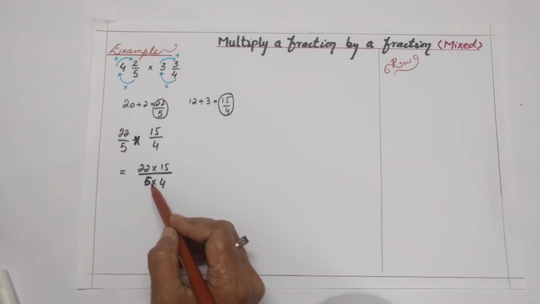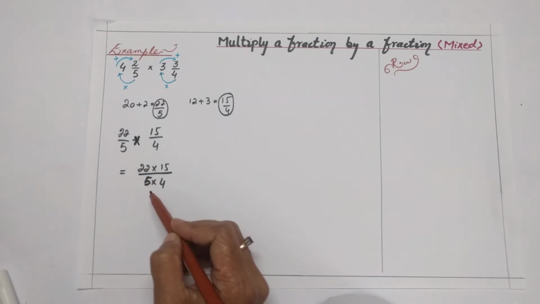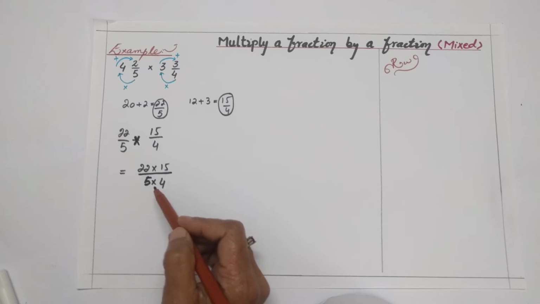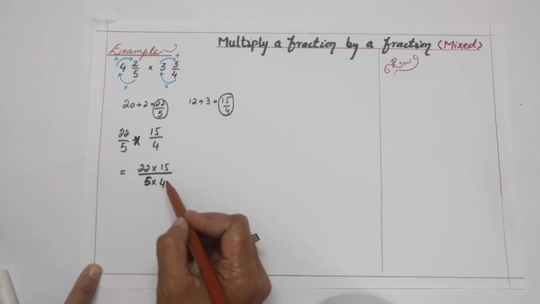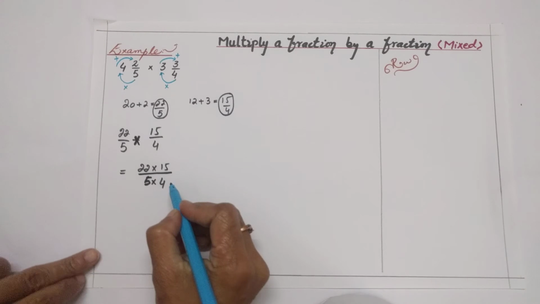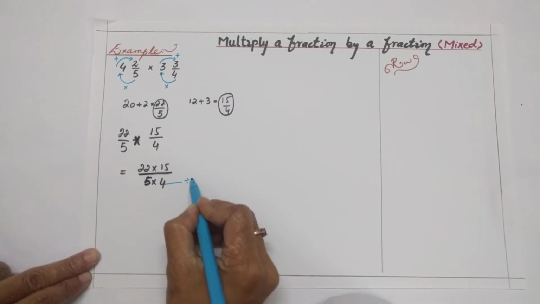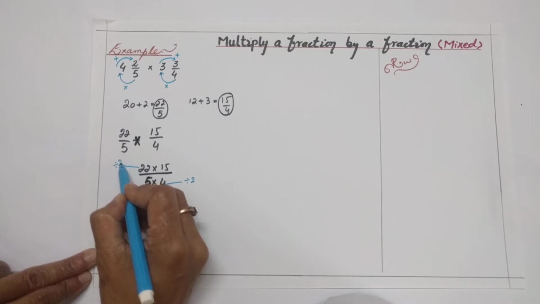Here you have to check: is there any common factor for any numerator and denominator? Yes, we have common factors here. 22 and 4 are both divisible by 2. 4 is divisible by 2 and 22 is also divisible by 2.